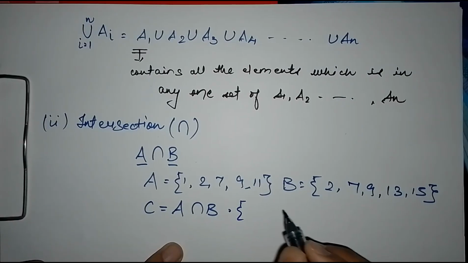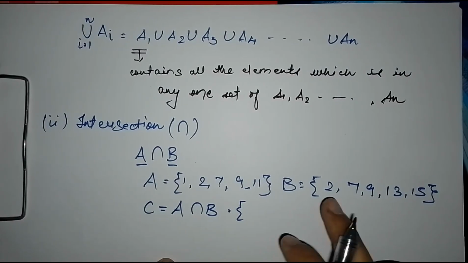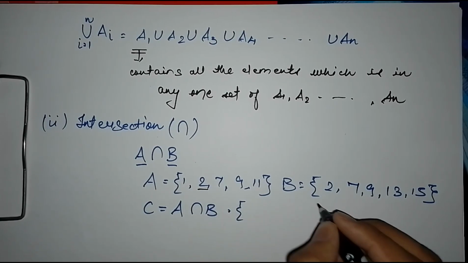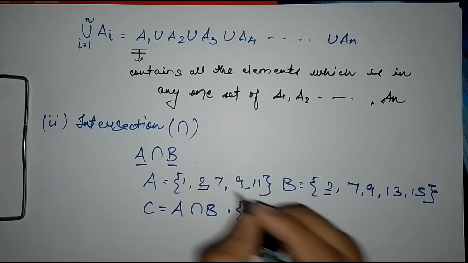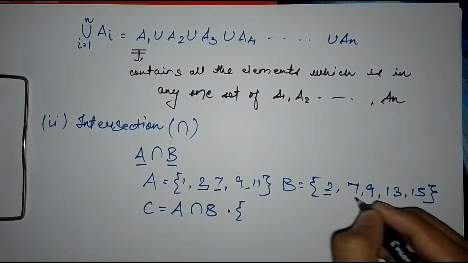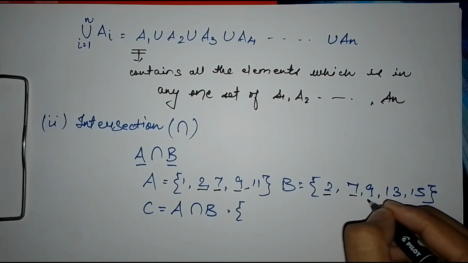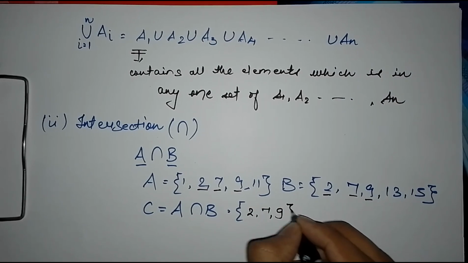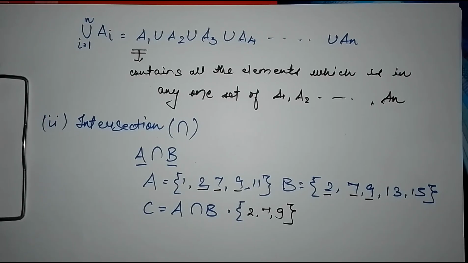This set C would contain all the elements which are common in both A and B. The first element that I see common is 2. The second is 7. And the third is 9. So the set C would contain 3 elements, that are 2, 7 and 9. I hope intersection is clear.